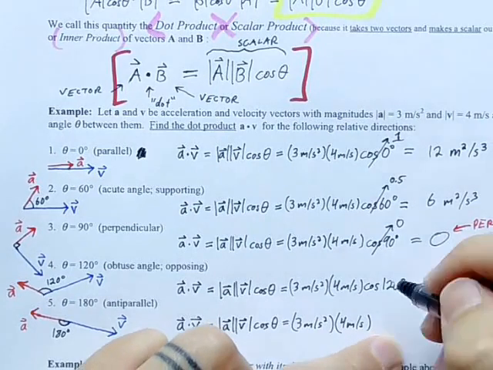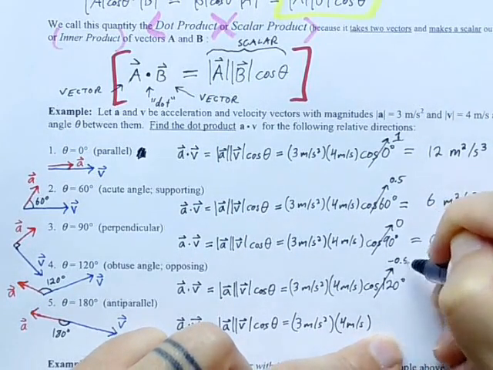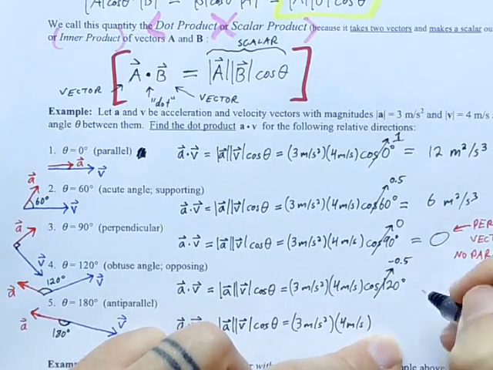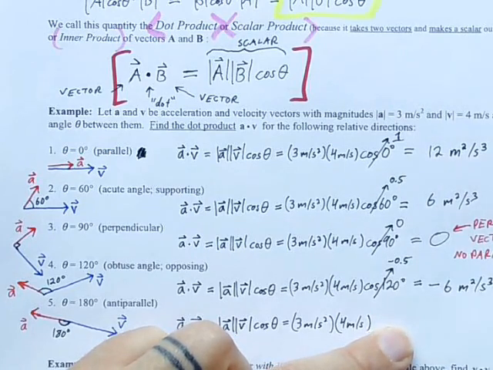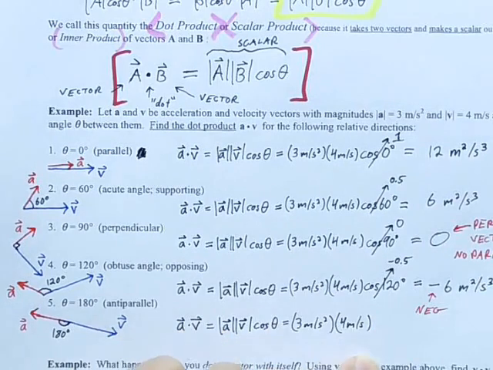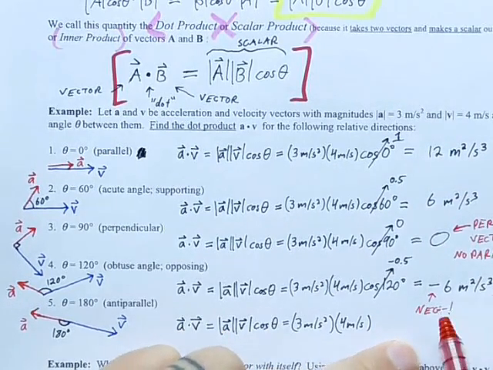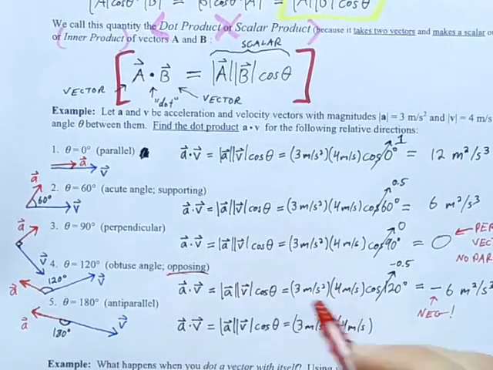Cosine 120 is negative 0.5. That's right, negative 0.5. So this comes out to be negative 6 meters squared per seconds cubed. The negative sign there indicates that they are partially opposing each other.